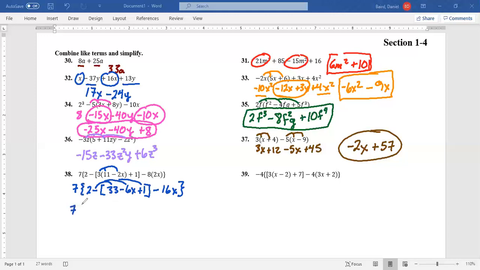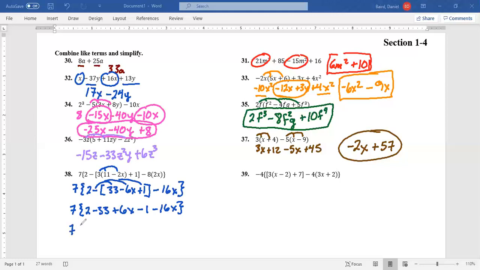We'll combine near the end: 2 minus 33 plus 6x minus 1 minus 16x. Make sure we see that that negative sign is almost like a negative 1 that jumps in. If you'd like to think of it as a negative 1, you're certainly welcome to, but we're subtracting everything that's in there, and so it changed the sign of each one. Let's simplify this a little bit.